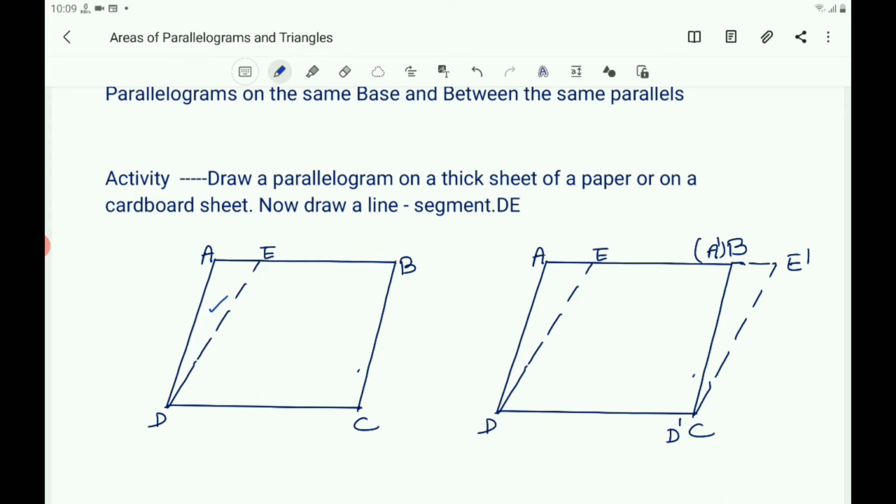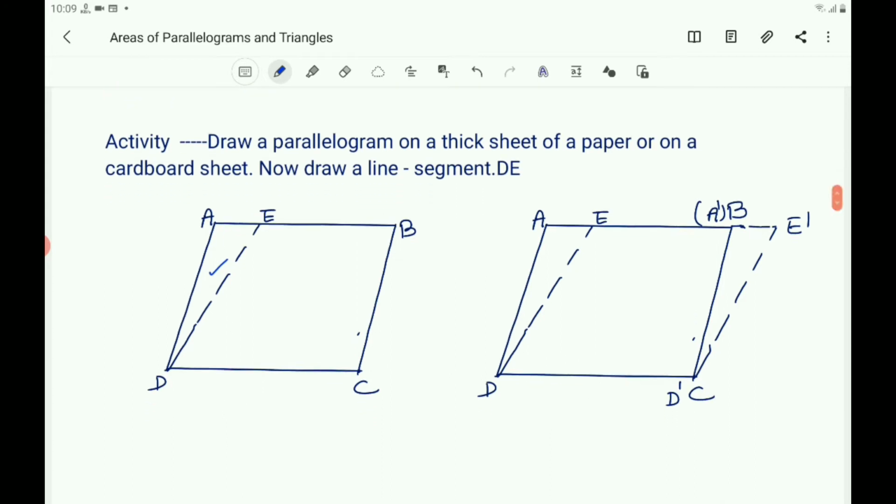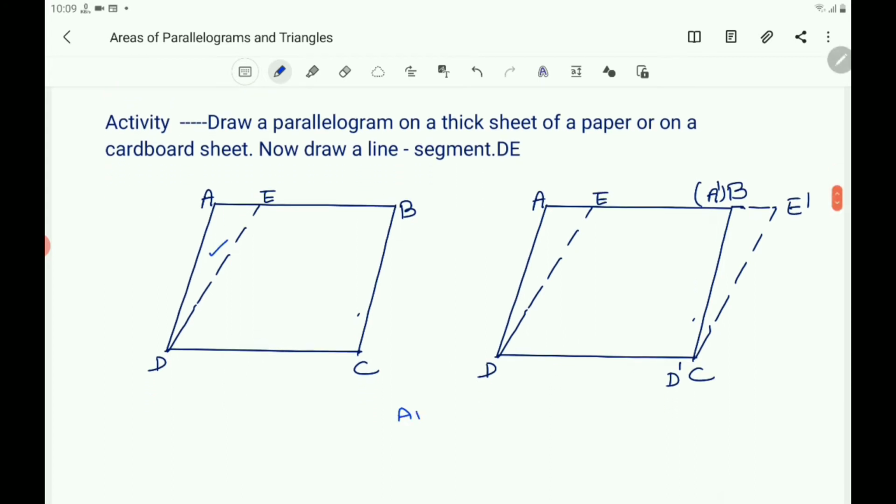The triangles must be congruent to triangle ADE. You must draw this on a separate sheet with the help of tracing paper.